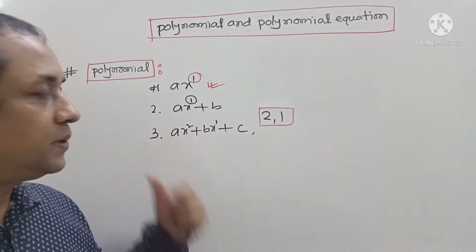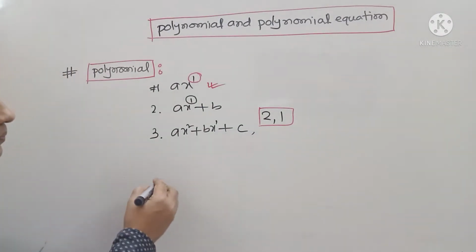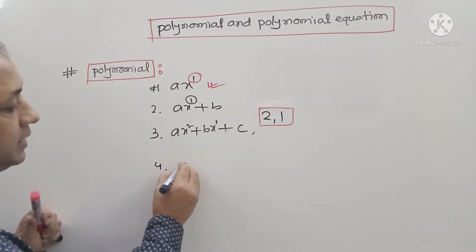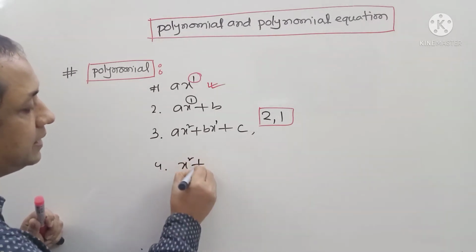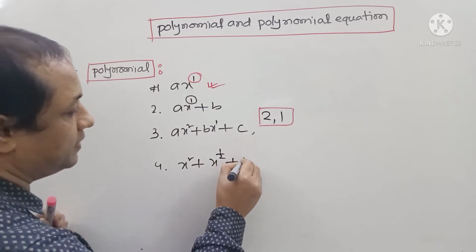So it is a polynomial. Now another example, number 4, x squared plus x to the power half plus 5.